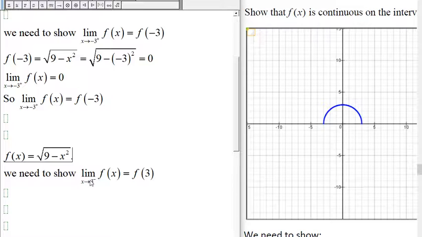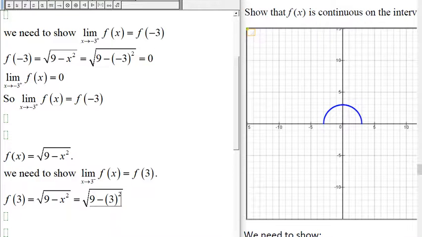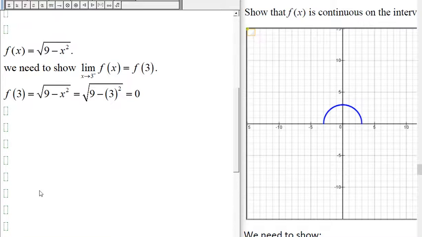First let's do f of 3. So f of 3 is just going to be 0 also. And then we need to do this limit right here.